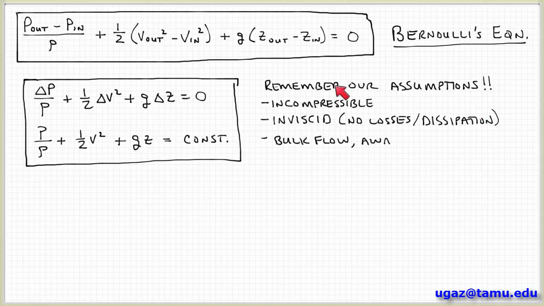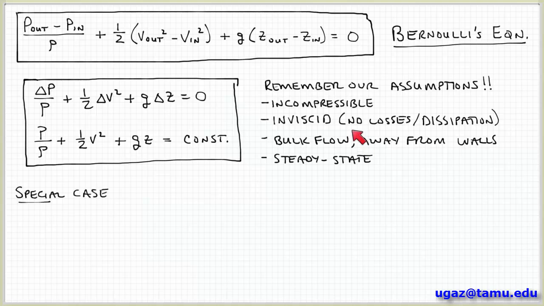And so for that reason, these equations are valid in the bulk flow away from walls or boundaries, and I'll talk about that more in a minute. And we also assumed that we were at steady state. So all these conditions have to be satisfied in order for us to be able to apply Bernoulli's equation to solve a problem.